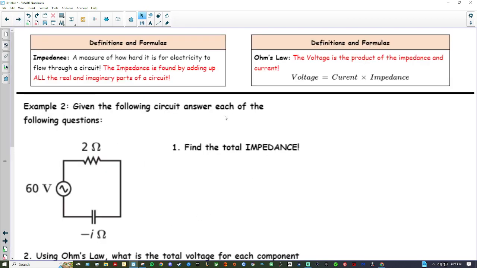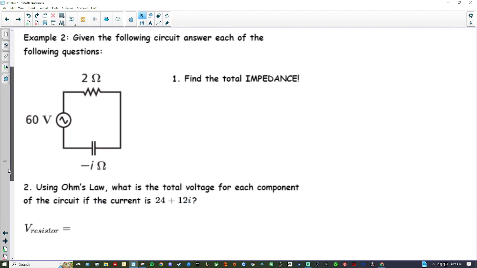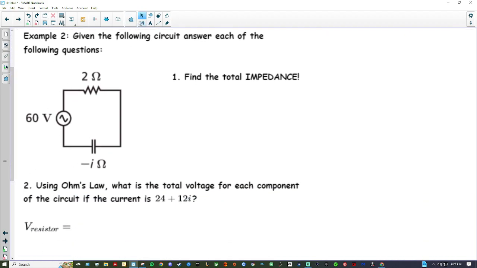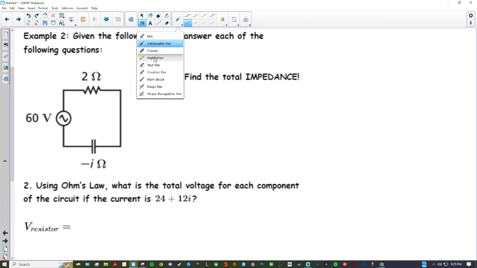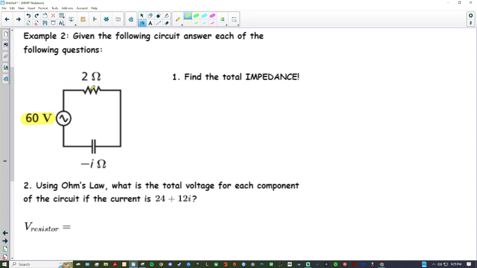Okay, so we have our same definitions and formulas. We know our impedance is the sum of our real and imaginary parts, and Ohm's law is still going to be our current times the impedance. This time, if we look at our circuit, we have a 60-volt circuit. We have a resistor and a capacitor, but we do not have an inductor.